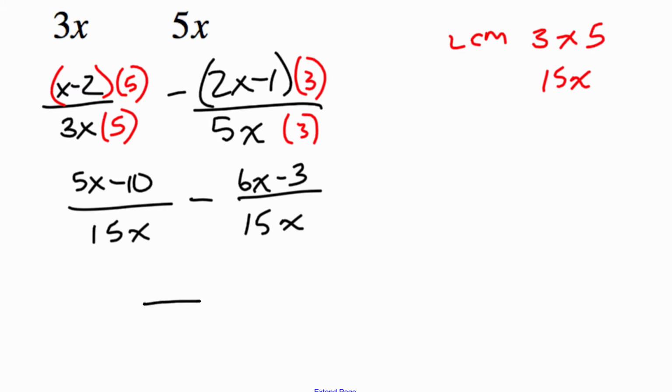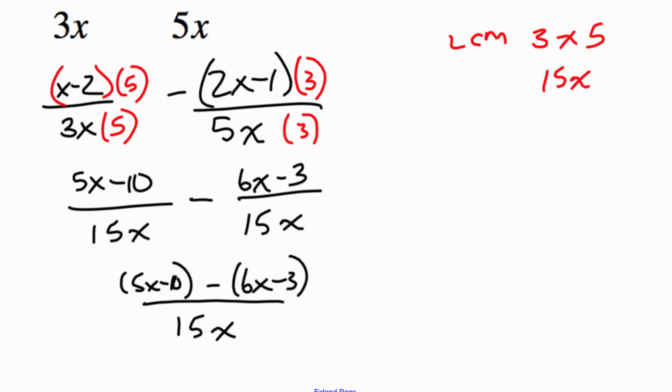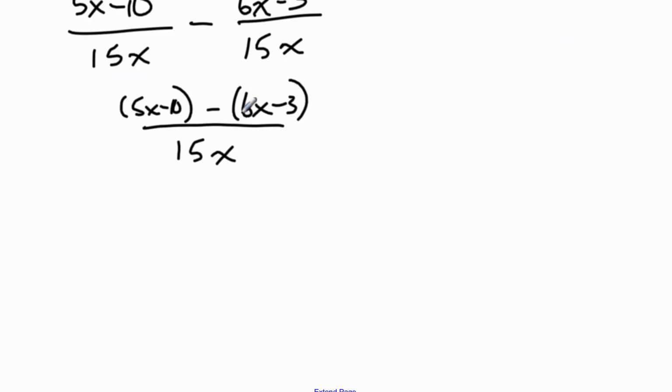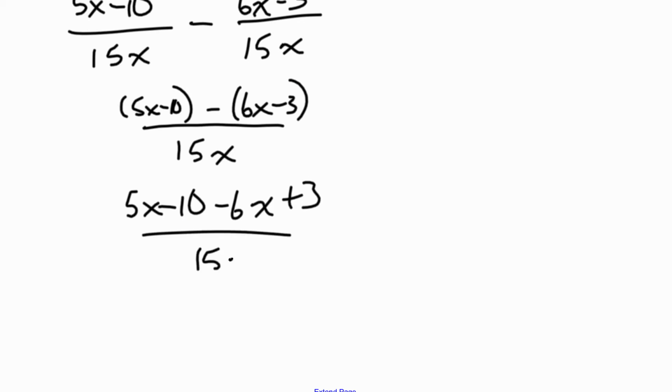Same denominator, so I'll write it all over 1, and I'll have 5x minus 10 minus 6x minus 3. Are you seeing where trouble's going to happen? Right there, eh? So this will be 5x minus 10, I'll drop brackets, minus 6x plus 3 over 15x.